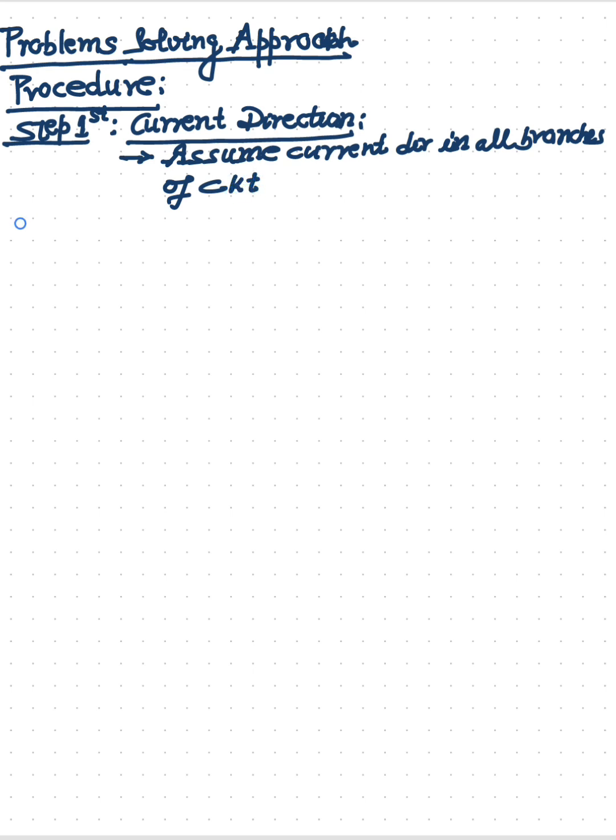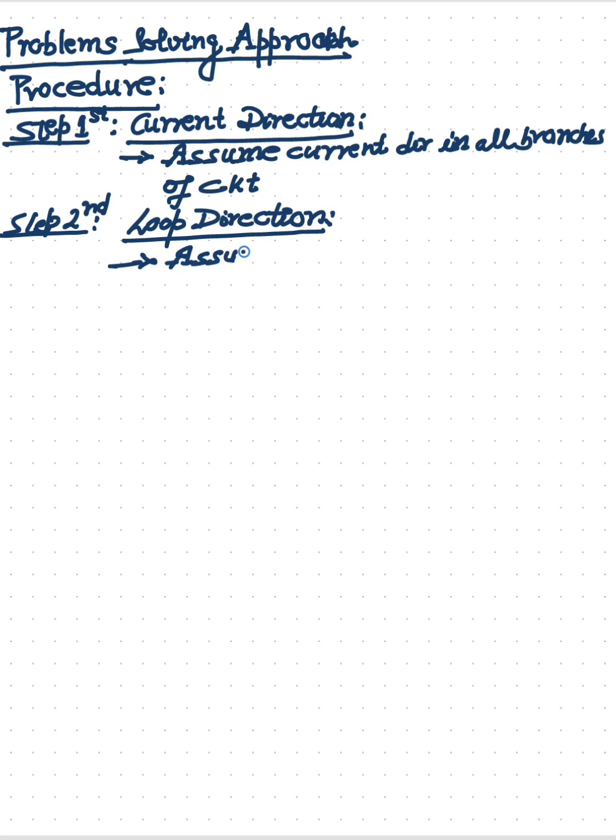Then step second is loop direction. In loop direction, assume the loop direction, either clockwise or anti-clockwise, you can assume.